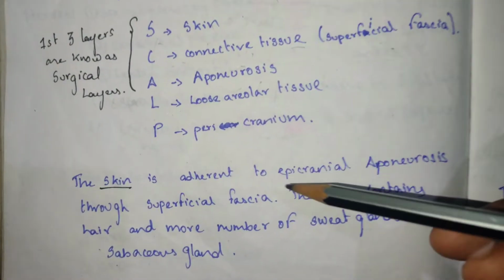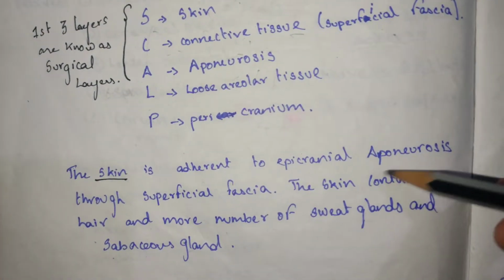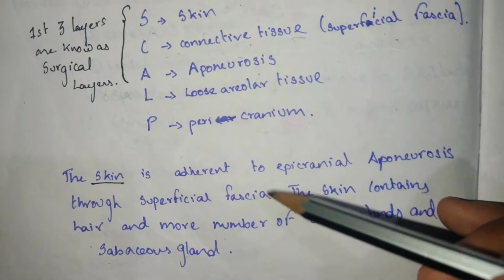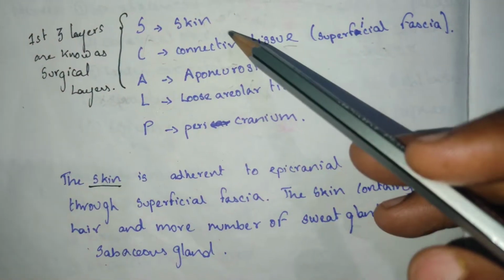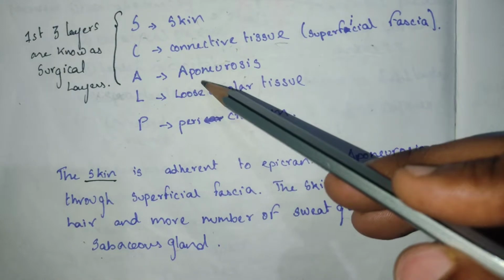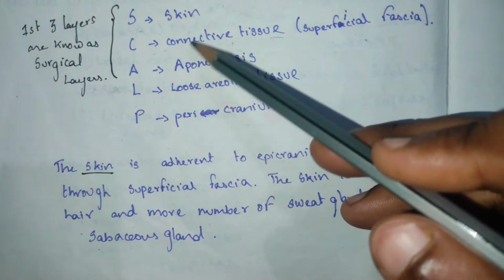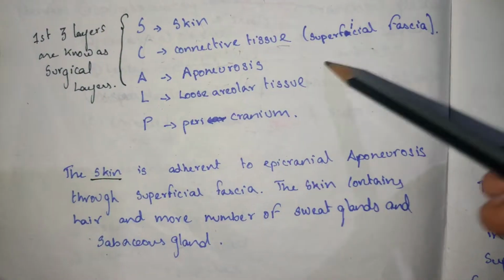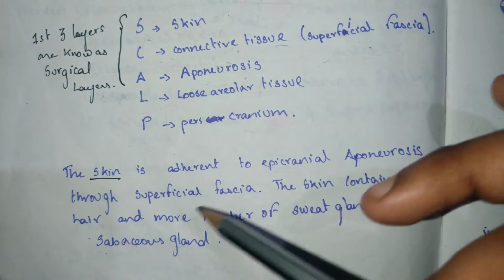The skin is adherent to the epicranial aponeurosis through a superficial fascia. The skin is adherent to the epicranial aponeurosis, which is the third layer, by the superficial fascia. These are the 3 layers explained here.